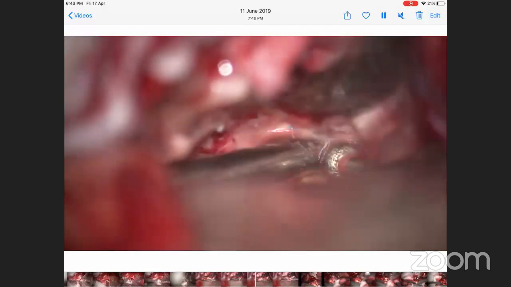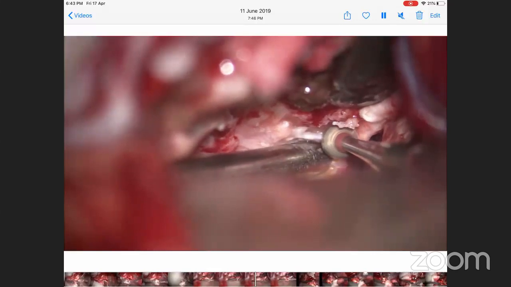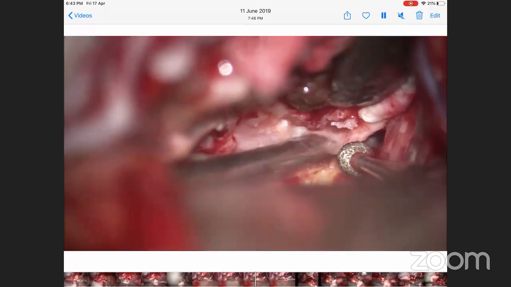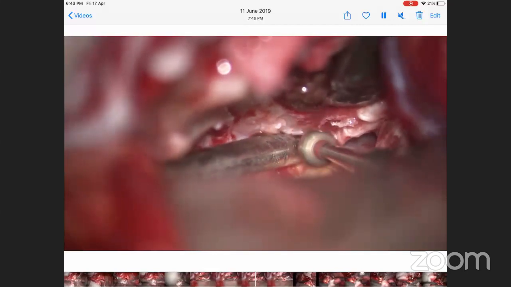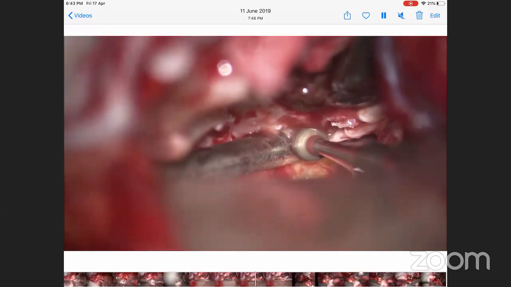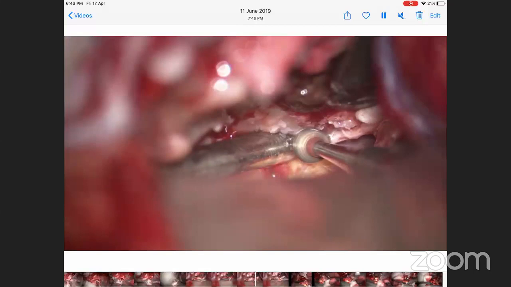Only thing is the dura is open and the aneurysm is right there. You can see I'm keeping on reducing so that I'm going into the roof of the cavernous sinus there. As I drill, I'm going into the roof of the cavernous sinus.